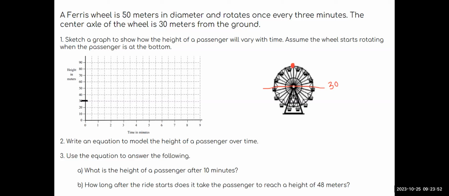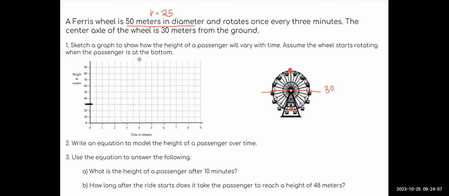Okay, what is the height at the top of the wheel and at the bottom of the wheel? We should be able to use the diameter to get that. So when you're in the middle of the Ferris wheel, you're 30 meters above the ground. What about at the top of the Ferris wheel?